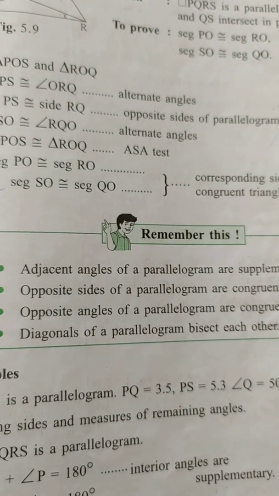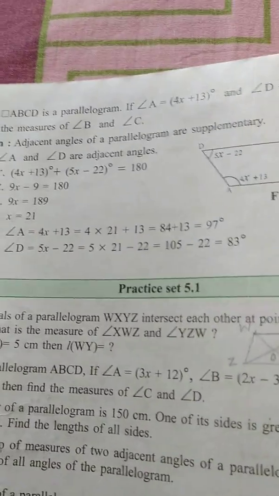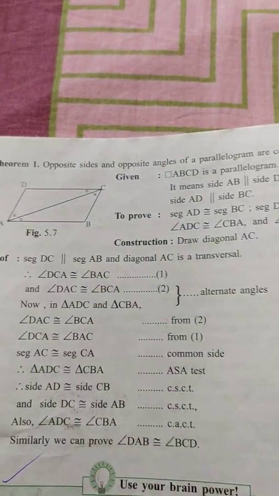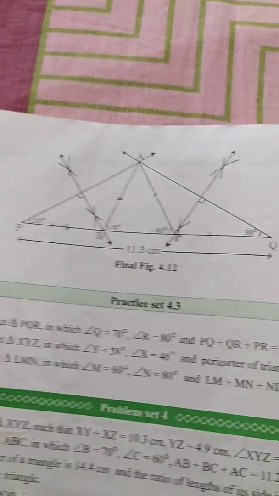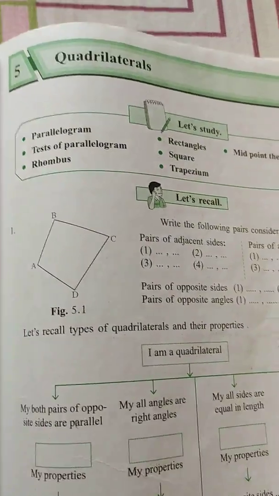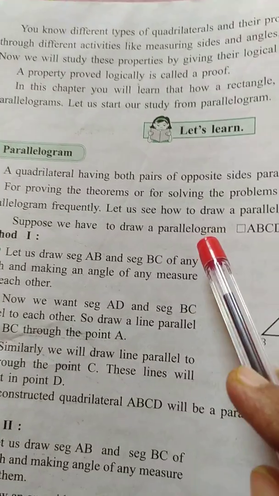Okay. So before we start with exercise 5.1, these are the things to be written. You will write the name of the chapter, quadrilaterals, and then write down the definition of a parallelogram which is there on page number 58.